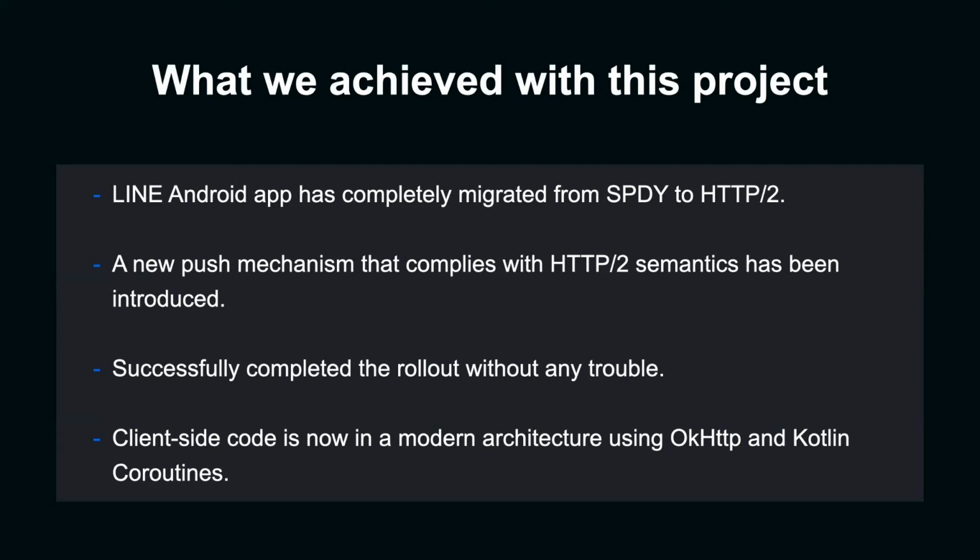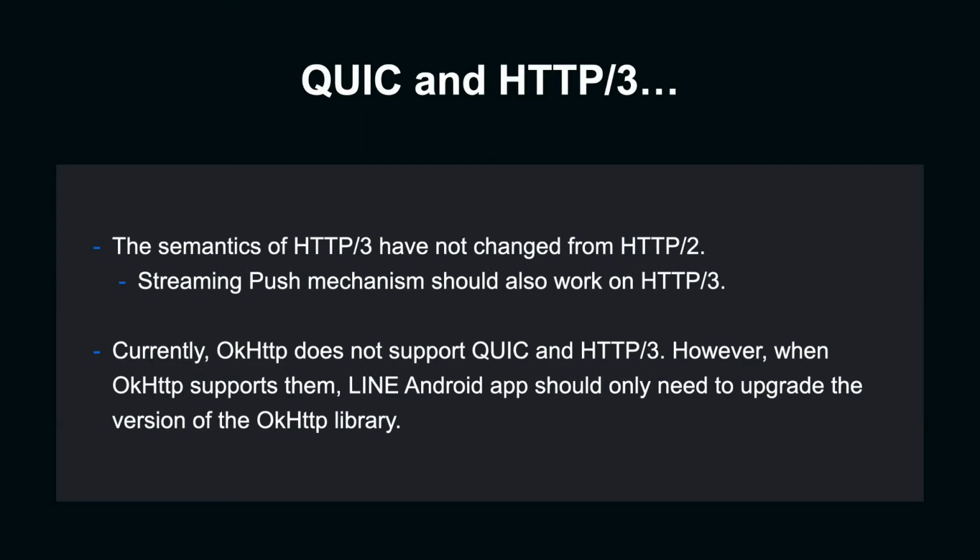As a result of this revamp of the LINE app's network stack, the Android client's networking code is now architected in a modern way using OkHttp and Kotlin coroutines. Now that the QUIC and HTTP3 protocols are being standardized, which are further successors to HTTP2, how can we use them in the LINE app?